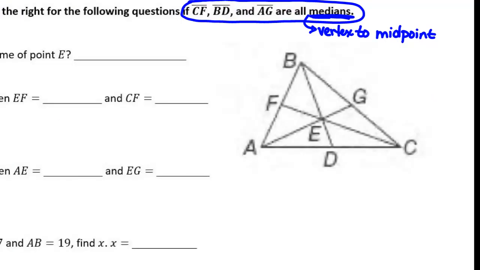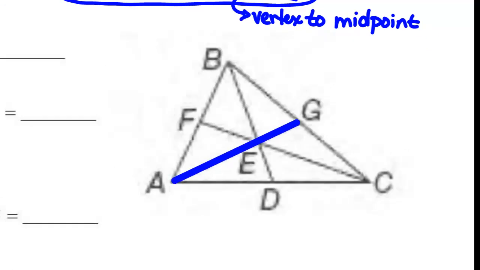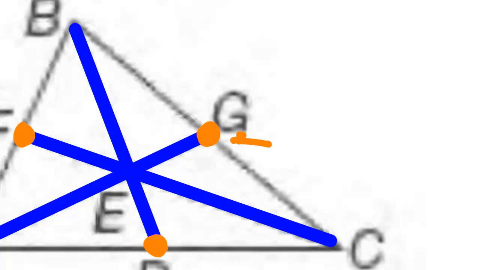So all of these segments here, AG, CF, and BD, those are all medians. So what would I call points D, F, and G? Midpoints.